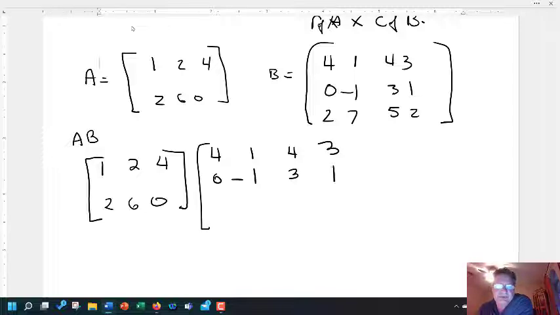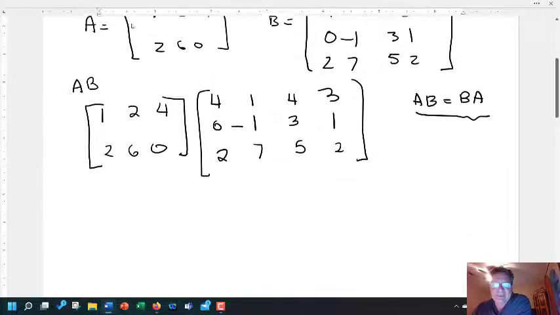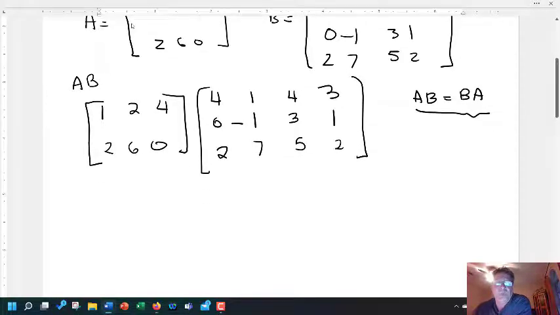So we are left multiplying A times B. So A on the left, B on the right. Unlike matrix addition, it's not necessarily going to be that AB is equal to BA. This is possible, but it's going to require a really special condition.